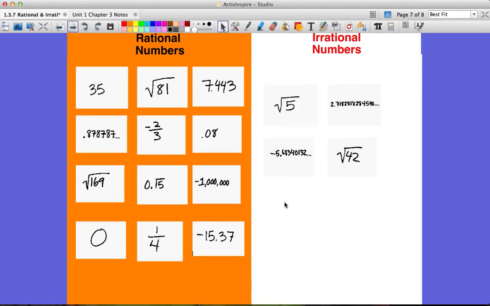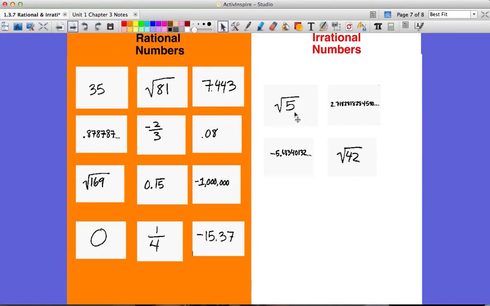All right, so this is what you should have come up with. You have 35, the square root of 81, 7 and 444 thousandths, 87 hundredths repeating, negative 2/3, 0 and 8 hundredths, the square root of 169, 15 hundredths repeating, negative 1,000,000, 0, 1/4, and negative 15 and 37 hundredths are all rational.